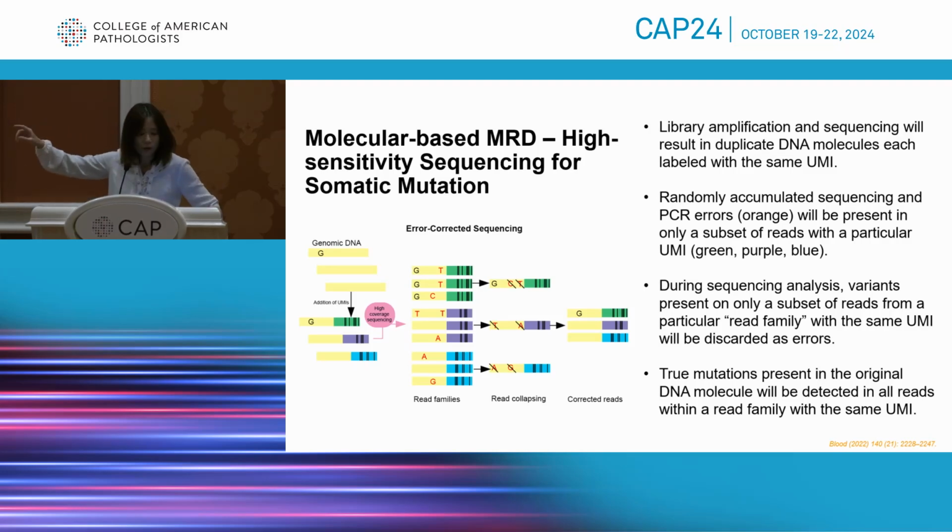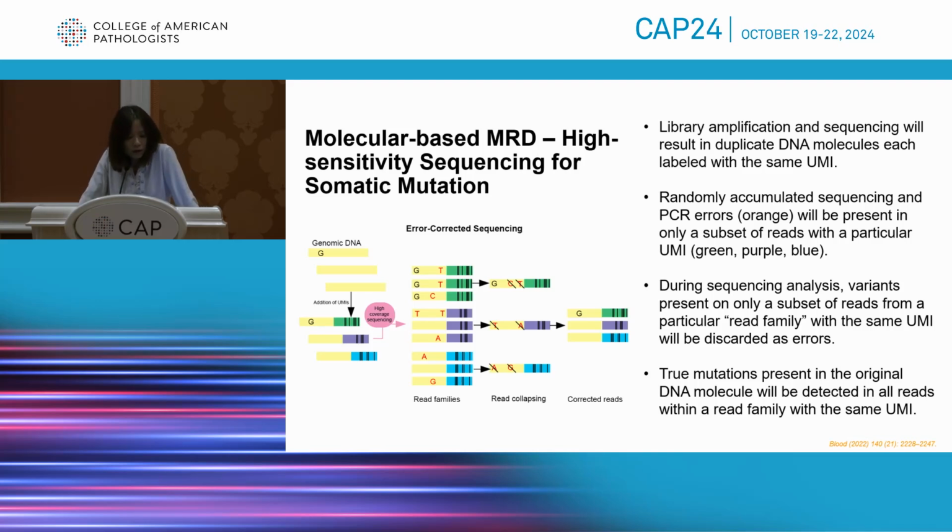So now you can see originally we only have 3 fragments there, but now you get a couple with green, a couple with purple, a couple with blue. That's after we added green, purple, and then blue as unique molecular identifiers. And then they were all labeled with the same color.